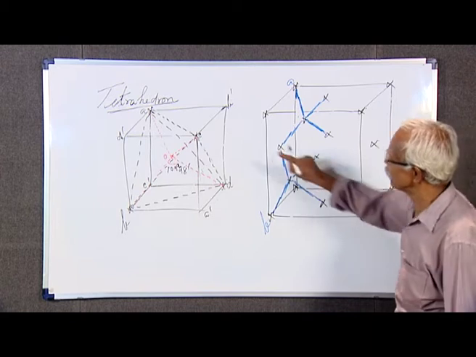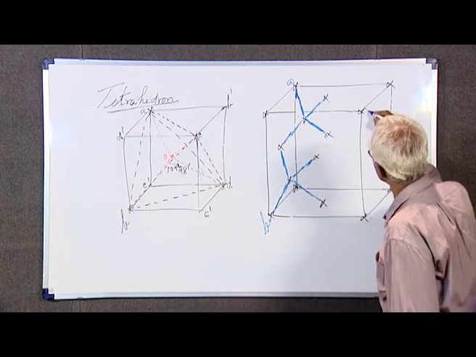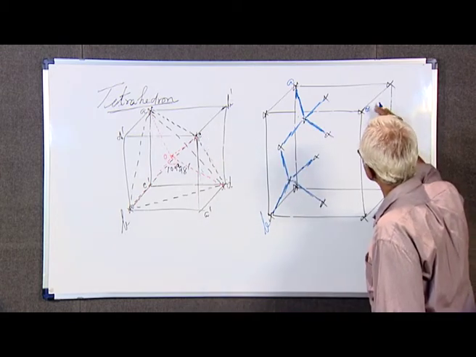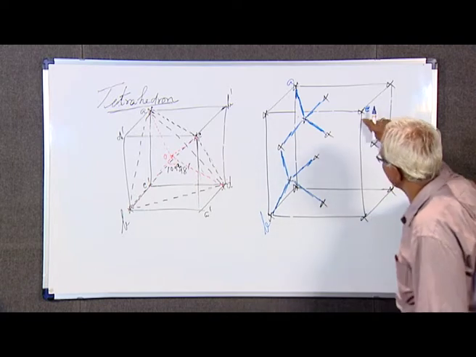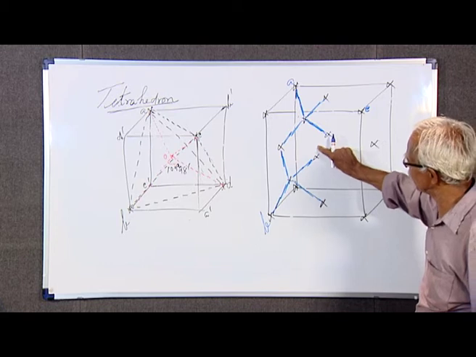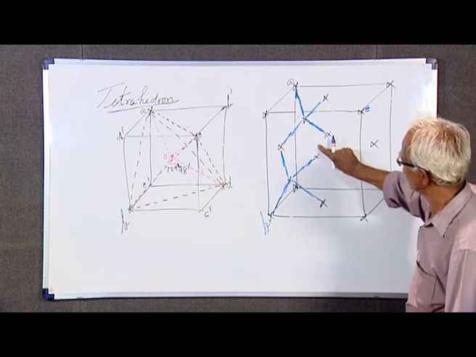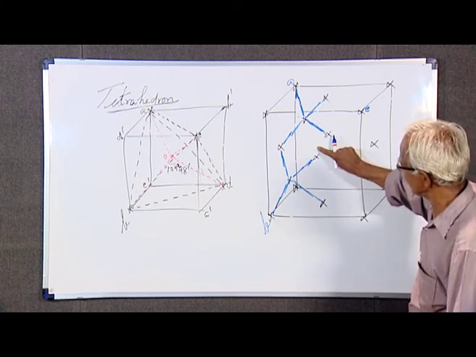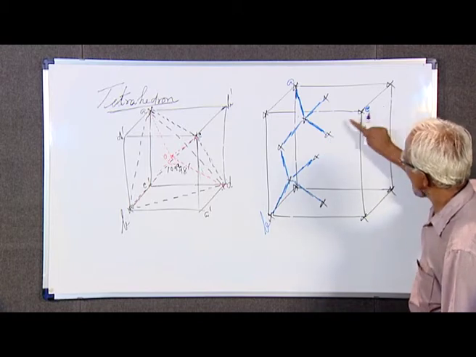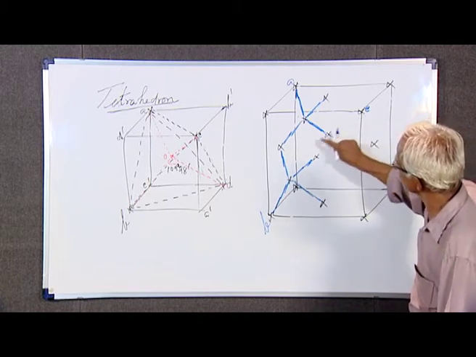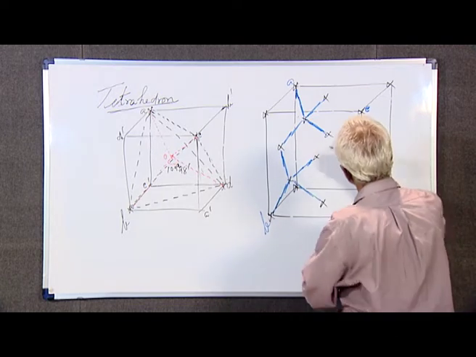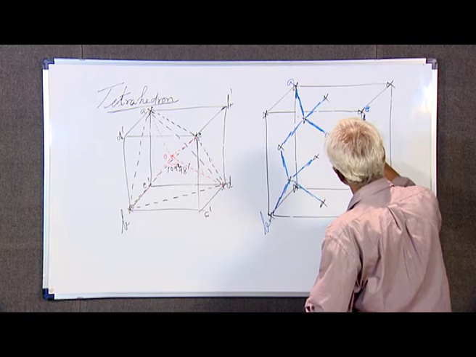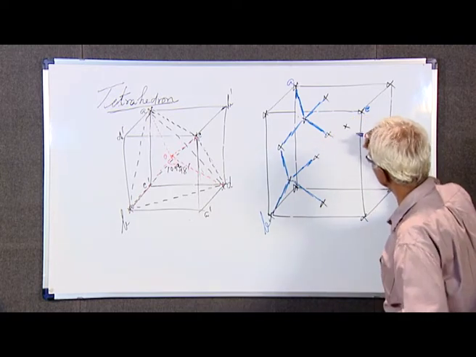Which is C? Then, if this is the half point, what is the midpoint between this and this? It is somewhere here. Join it.